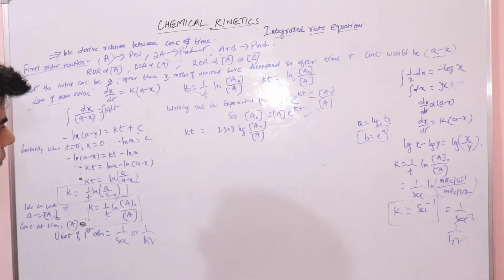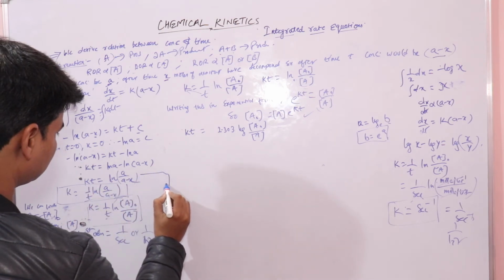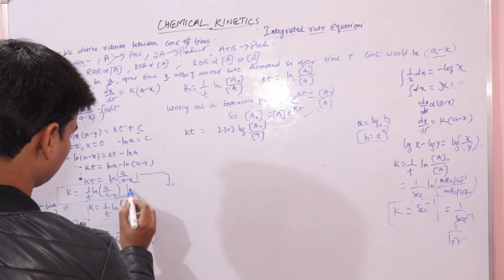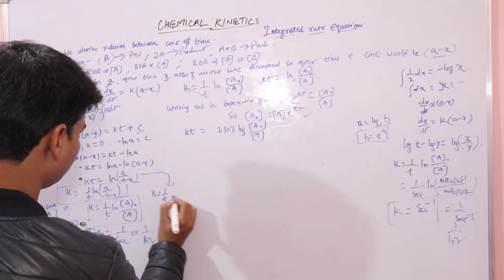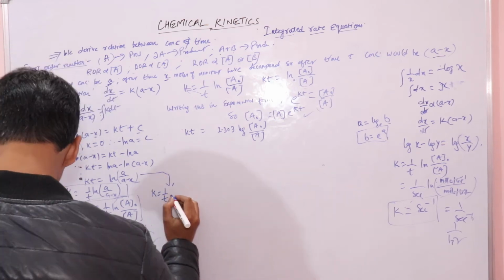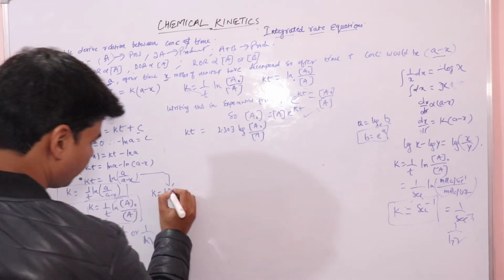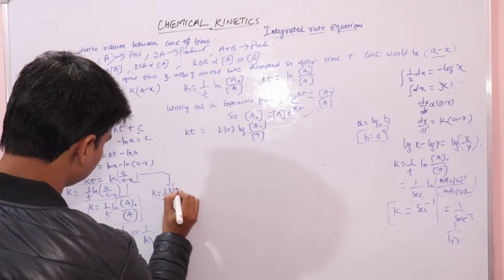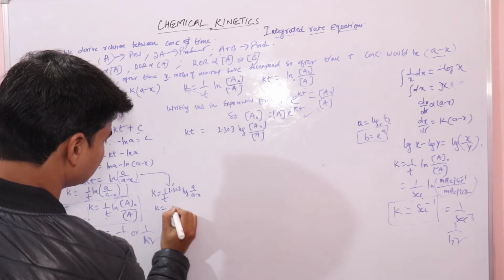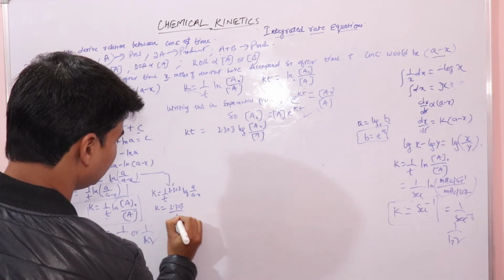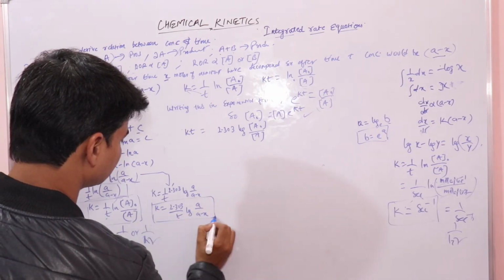So here also the way we write this expression, I'll write it as k is equal to 1 upon t, 2.303 log of a upon a minus x. So k is equal to 2.303 upon t log of a upon a minus x. This is the standard equation, right?